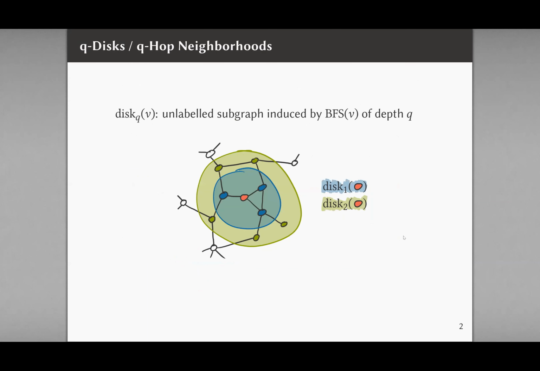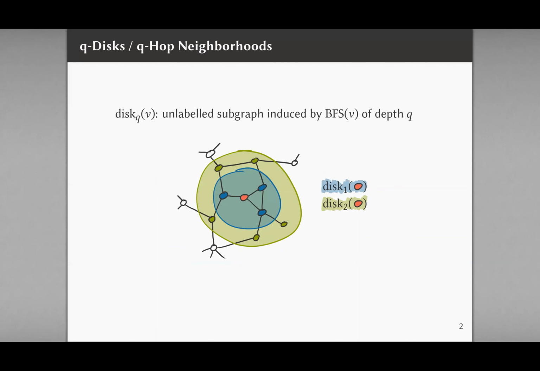And here's just one quick definition I'll need later on. When I talk about property testers, I often talk about so-called Q-disks or Q-hop neighborhoods. And that's just the following. For every vertex in the graph, we define the Q-disk of a vertex V just as the subgraph that is induced by a BFS starting at V of depth Q. So you could call this a truncated BFS or just the Q-hop neighborhood or Q-disk or whatever you like.